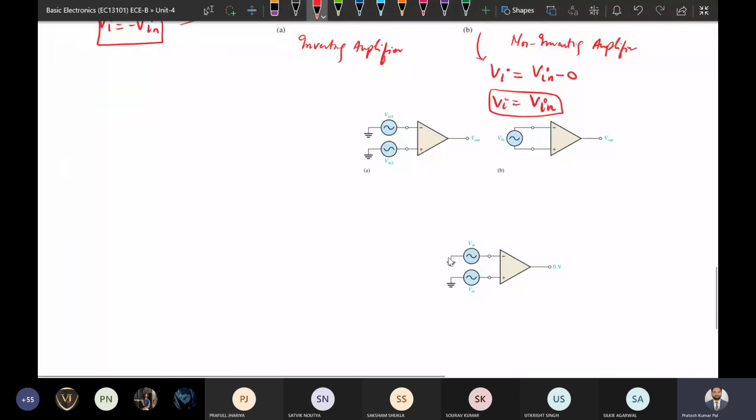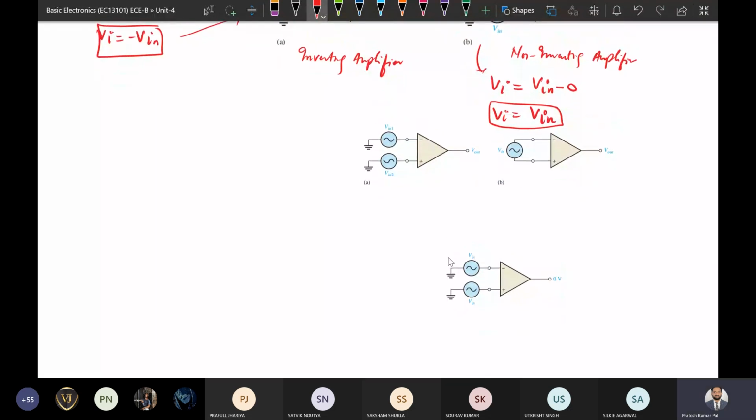Okay, so now the double ended operational amplifier. Double ended means at both the terminals we apply an input. If we apply the input at both terminals, the input voltage VI will be the difference between these two. This is the equivalent circuit here.